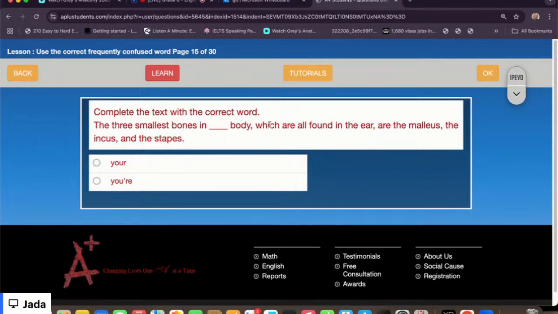All right, the three smallest bones in your body, which are found in the ear, are the malleus, the incus, and the stapes. So your, all right.